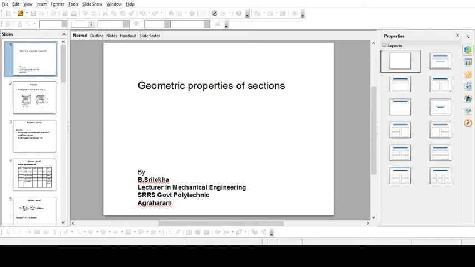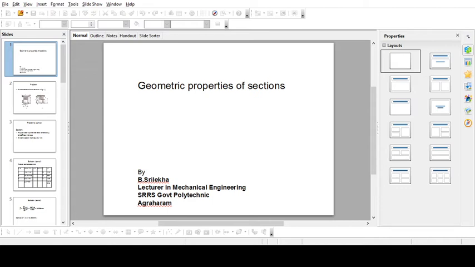Next, for this rectangle, the centroid is located at b by 2 comma h by 2, nothing but 30 by 2 and 15 by 2. So it is simply 15 comma 7.5. So the x term is 15 and the y term is 7.5 here. Next, for the right angle triangle, it is simply 2b by 3 and h by 3.